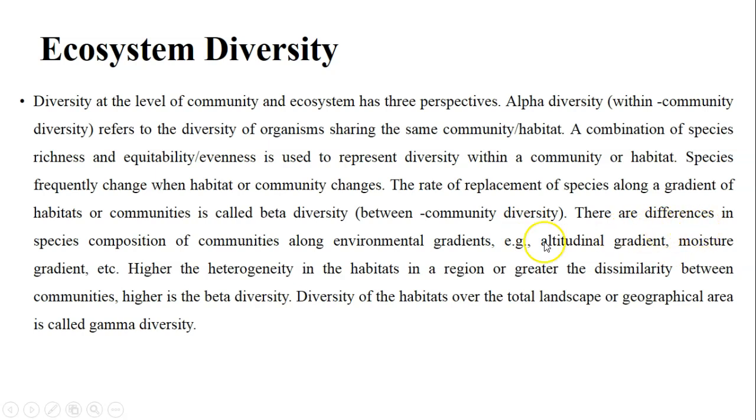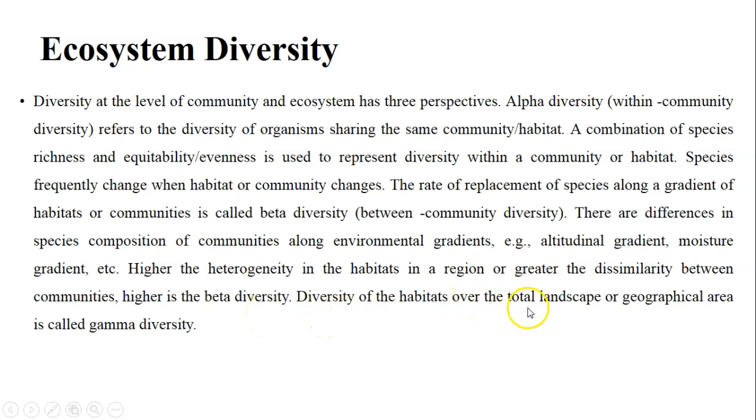There are differences in species composition of communities along environmental gradients, for example, altitudinal gradient, moisture gradient, etc. The higher the heterogeneity in these habitats in a region, or the greater the dissimilarity between communities, the higher is the beta diversity.